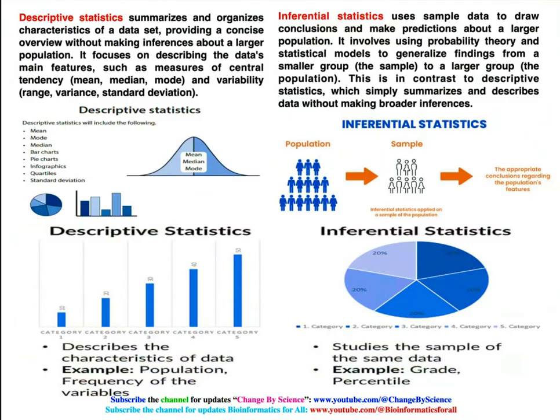So if you want to understand the difference between descriptive and inferential statistics with a real problem, for example, if COVID or any kind of infection is spreading in one particular region, then you can go for simple analysis.